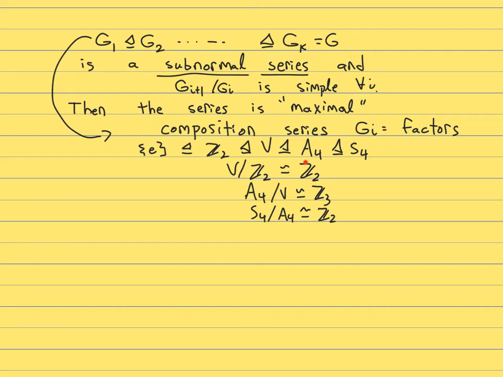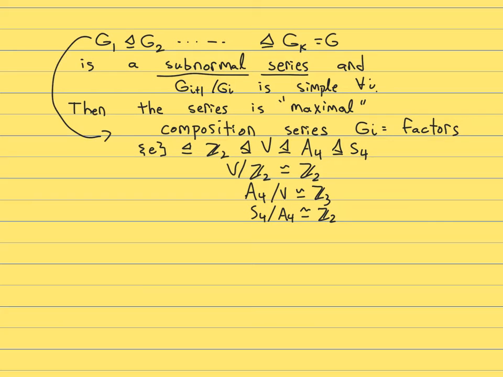It is true that V is normal in S4, but as we saw, it's not the largest normal subgroup you can get, because that subnormal series can be refined by inserting this A4 in here, as can be seen, because the quotient of S4 mod V is not a prime cyclic group.